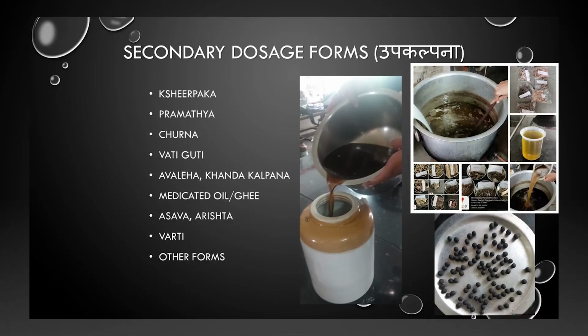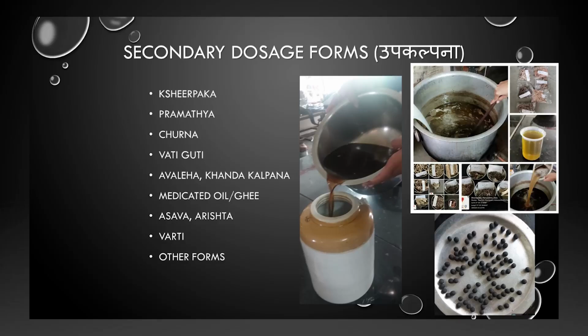Let's understand the secondary dosage forms, also called Upakalpana. As we learnt in the previous slide, Panchavidha Kashaya Kalpana should be prepared fresh and has to be utilized immediately, so there should be some other dosage form of medicine that one can use for a longer period and can be stored for longer duration.